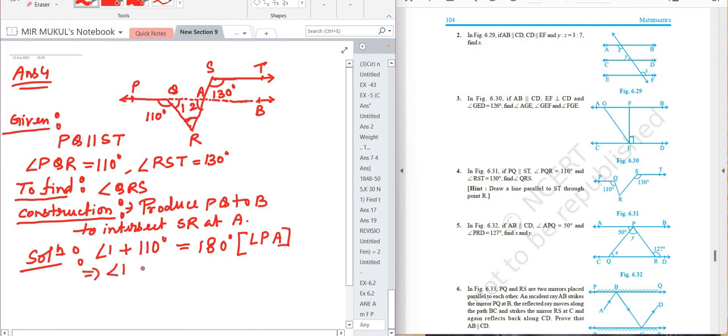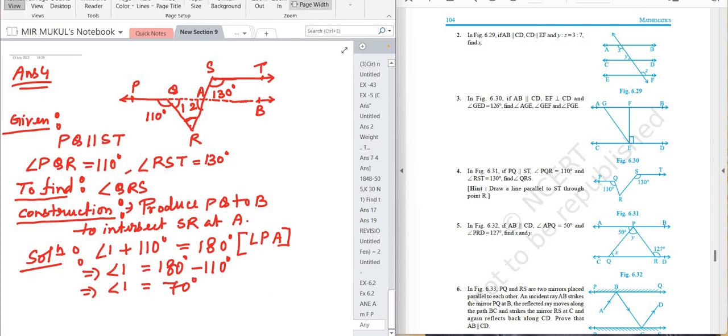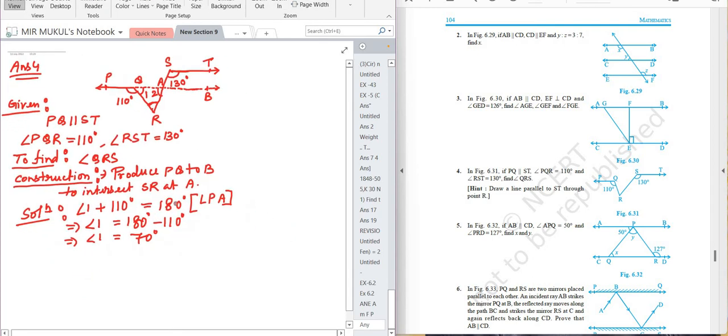So we can write angle 1 equals 180 minus 110. So angle 1 equals how much? 70 degrees. Okay. Understood? Yes, sir.